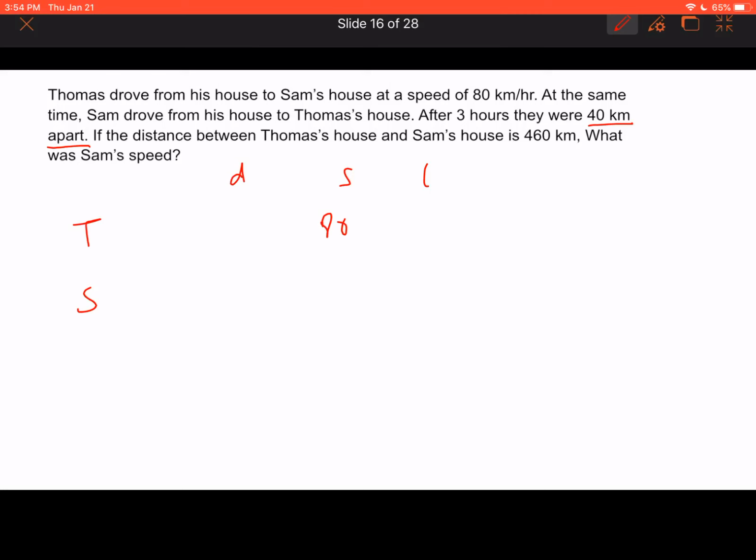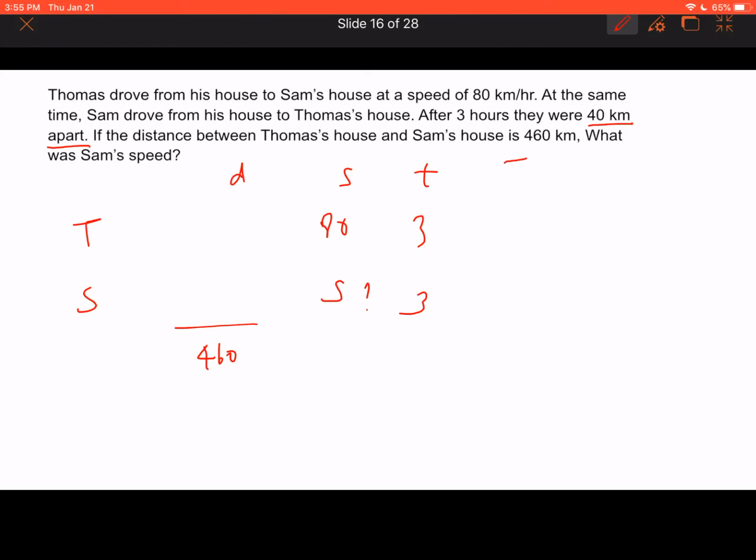After 3 hours they were 40 kilometers apart, and the distance between the two places is 460 km. So they didn't give Sam's speed, and they're asking for that speed. What we need is one clue: they are 40 km apart. That is a very important clue because you have to imagine very clearly.